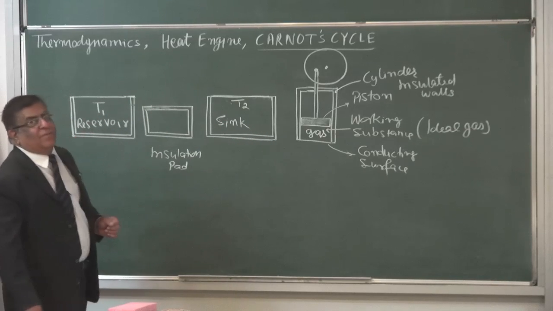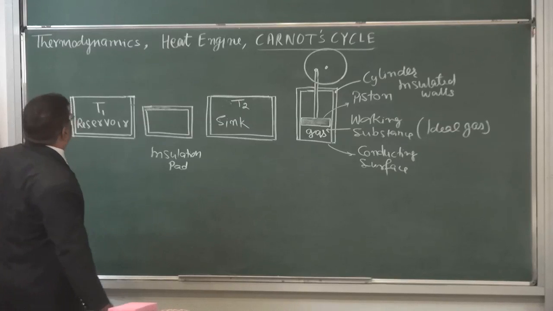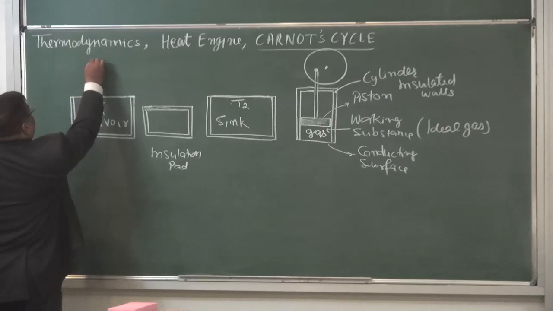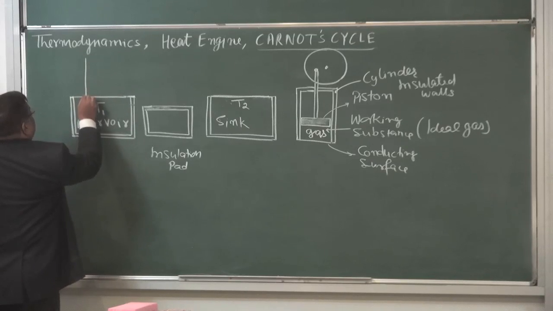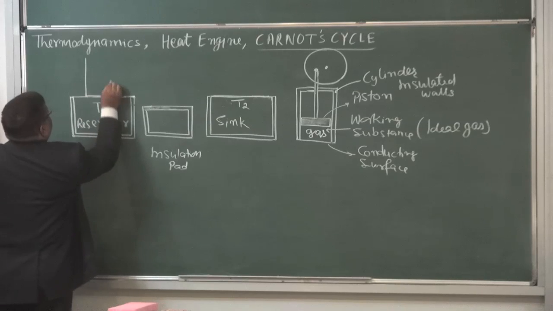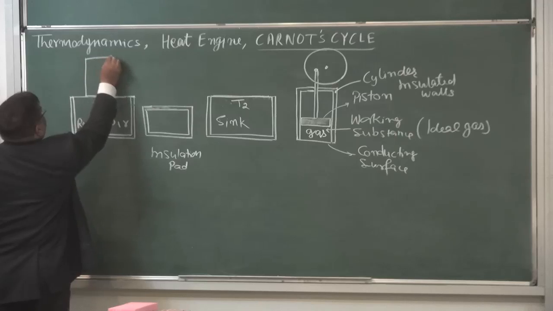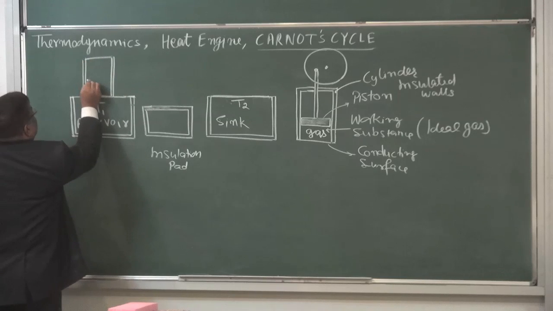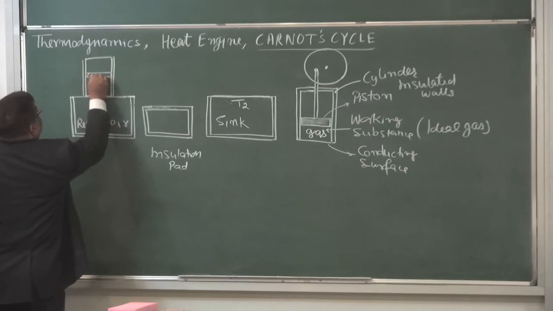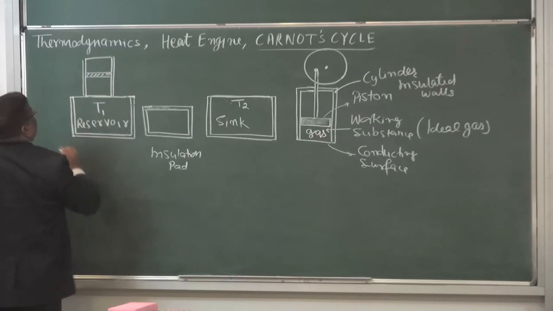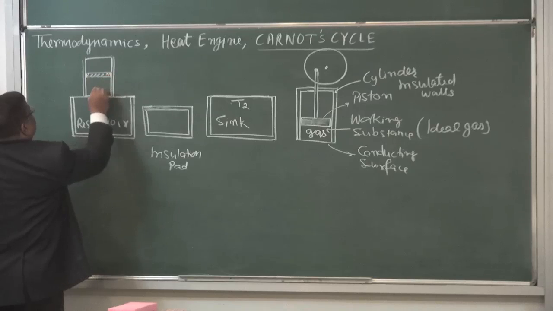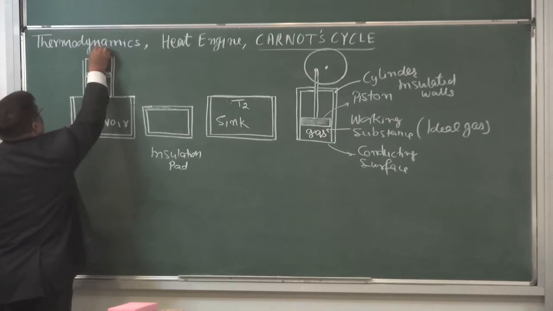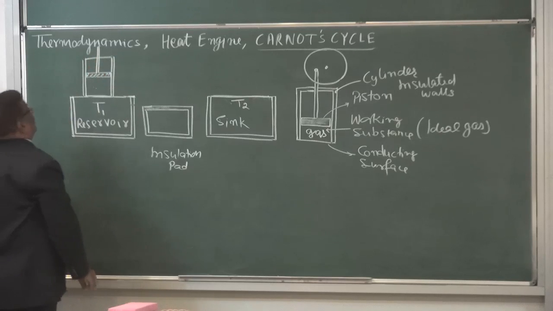It has got particular parameters, and I will make the diagram here. This is the cylinder. In the cylinder there is a piston. Here is the working substance, gas. It is placed here.